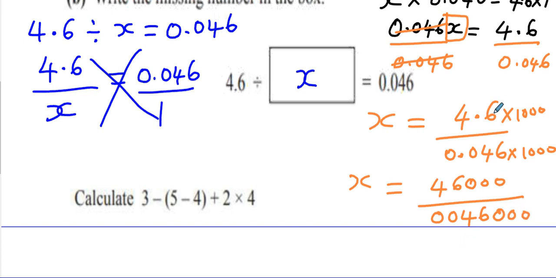We have 1 decimal place in the numerator, so you put a decimal point, you count 1 number from the right hand side. You have 3 decimal places in the denominator, so count 3 numbers from the right, 1, 2, 3. So this can cancel, and also cancel that. Cancel that, so that will be the value of x.